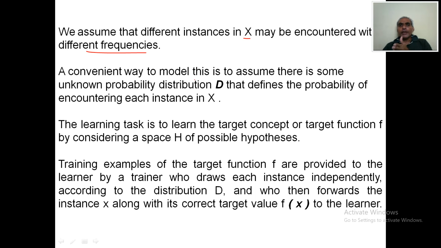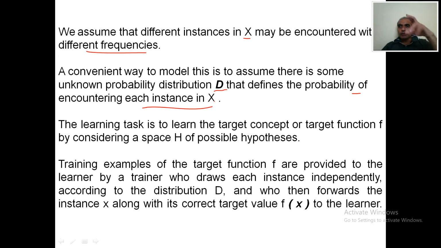So a convenient way to model this is to assume that there is some unknown probability distribution. Assumption is also important. Now we assume some unknown distribution D that defines the probability of encountering each instance in X.